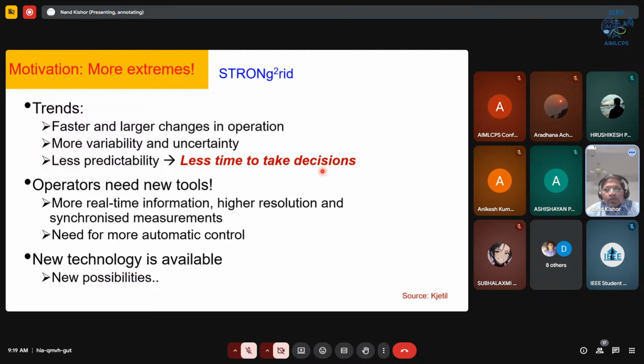Thus we wanted tools for real-time monitoring applications. The grid operators wanted new tools providing real-time information with higher signal resolution and synchronized measurements. They have a need for automatic control and, of course, to explore new technology or new possibilities that could come out of this project.